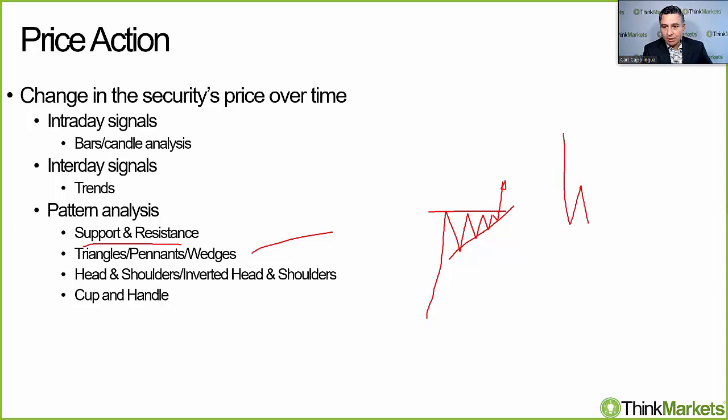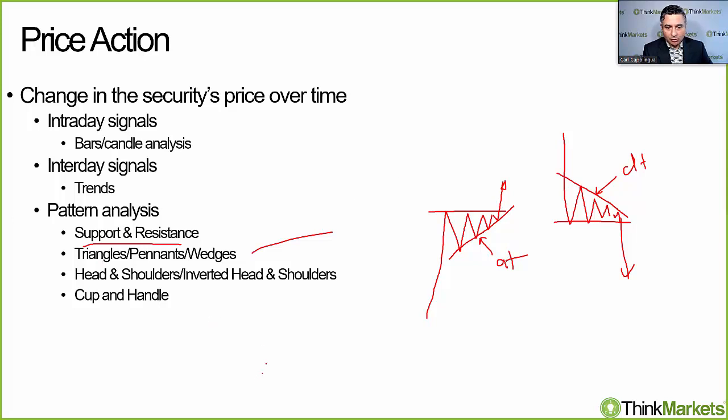You can get the same thing on the downside, and there are descending triangles, which is this one here, and ascending triangles, which is this one here, and they both have various predictions on what can happen next. Again, this is an overview, so I challenge you to go and investigate some of these further.